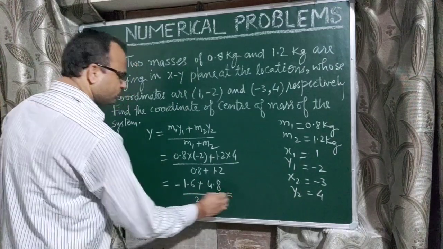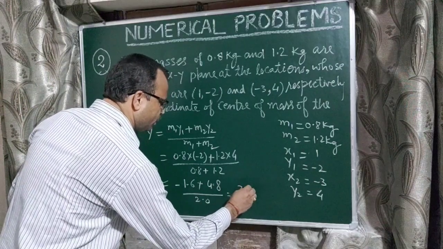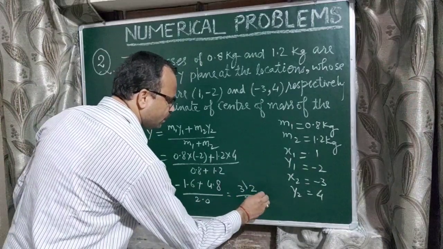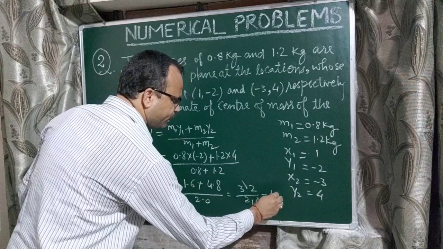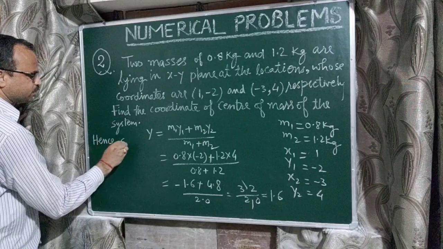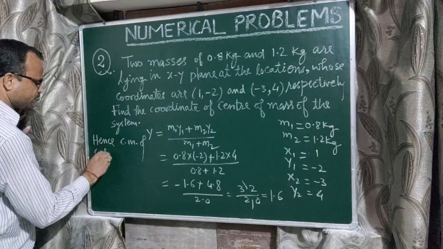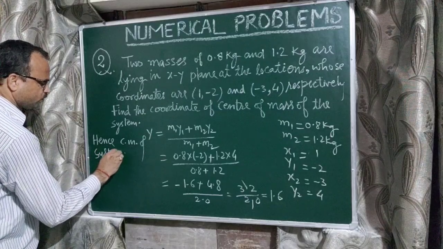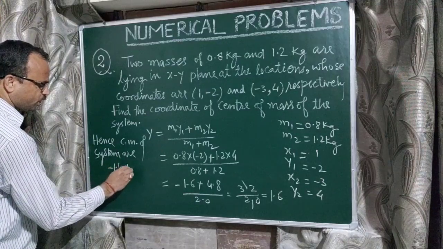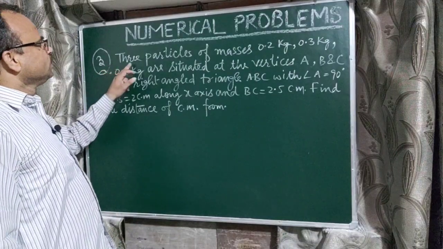When we solve this, we get 3.2 upon 2.0, and then we get 1.6. So hence the center of mass of the system is (-1.4, 1.6).